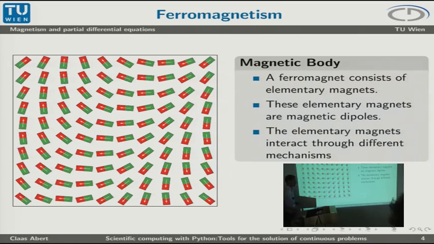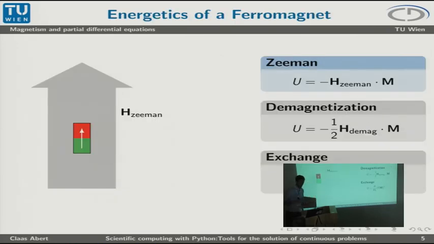So let's start with a brief introduction into ferromagnetism. As you might know from school, a ferromagnet consists of a large number of elementary magnets, and you can think of these elementary magnets as tiny compass needles. So these are dipoles, and all these elementary magnets interact with each other through different mechanisms. On the next slide, we will have a look at these different contributions which make the magnetization move in time.